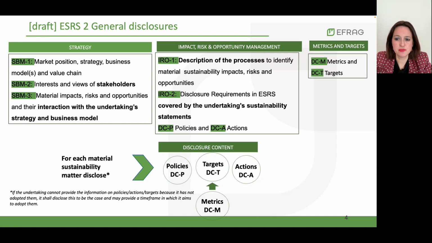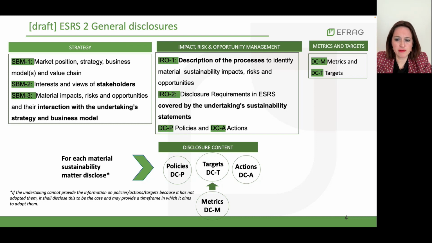Hence, emphasis should be placed on SBM3 by both preparers and users. This disclosure requirement has also been aligned with IFRS S1 exposure draft for financial materiality and financial effects, and GRI for impact materiality.